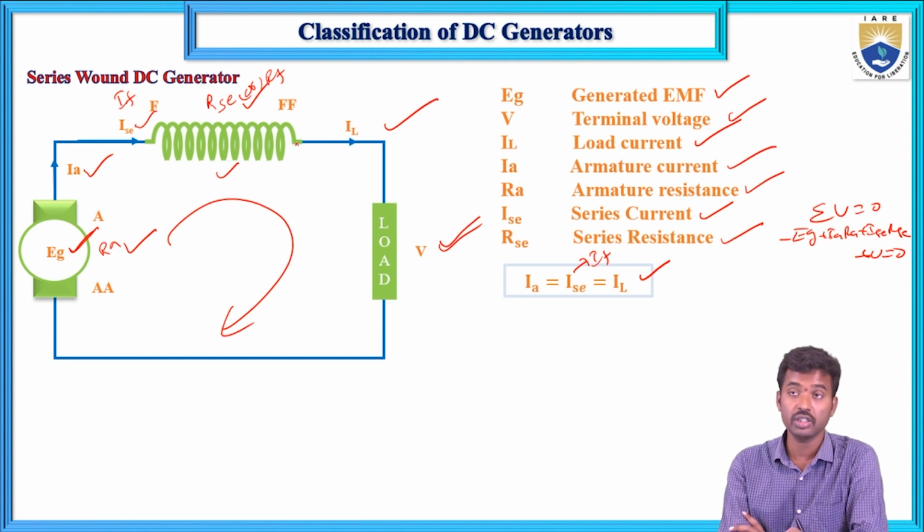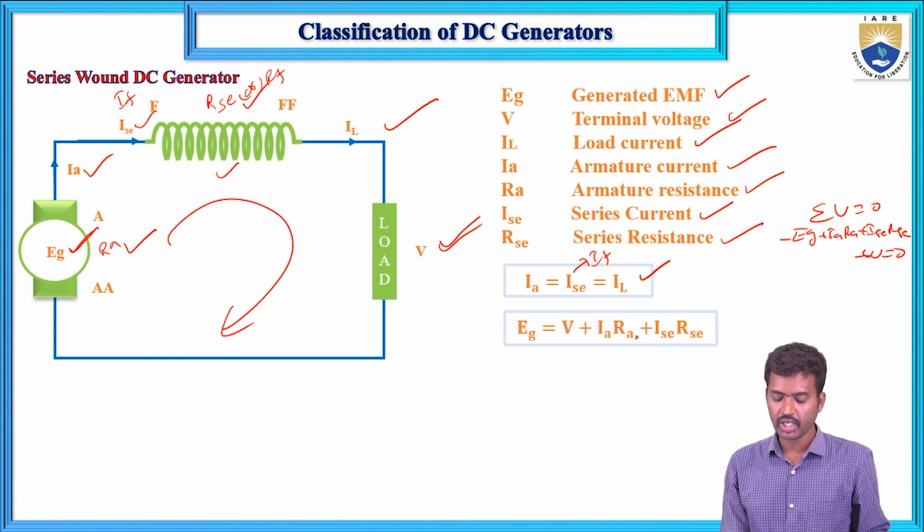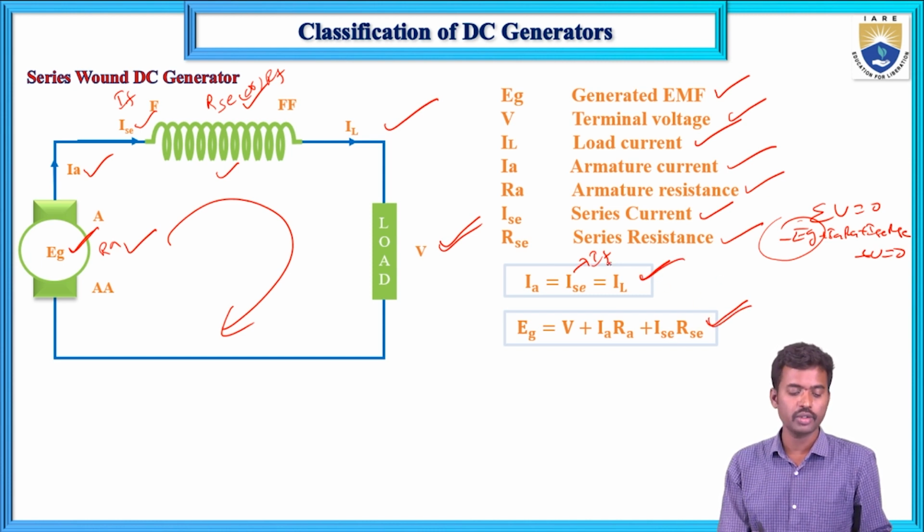This voltage plus this voltage plus this voltage and the armature resistive drop must sum to 0. So EG equals V plus IaRa plus I series R series. We can also call this IF into RF. These are the two formulas related to the series field winding generator.